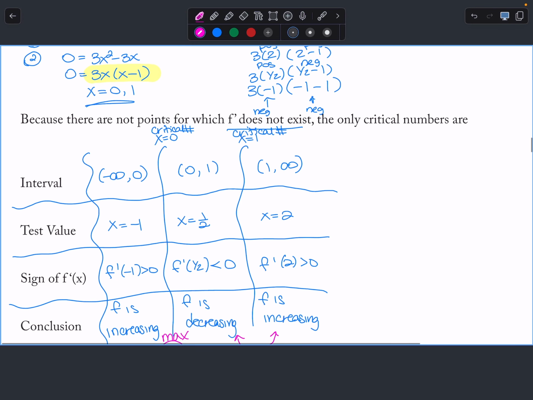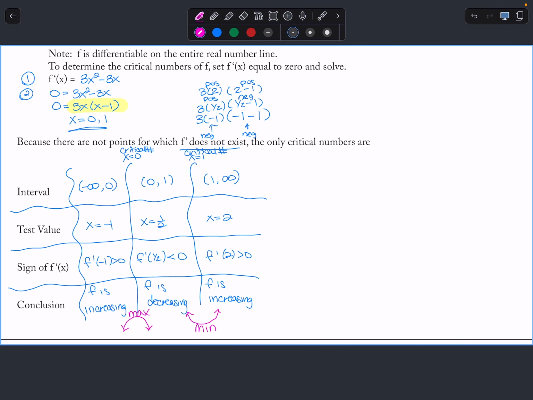So at x equals 0, we have a relative maximum, but I have to figure out what that y-coordinate is. A relative min and a relative max are coordinate points. So they have to be coordinate points.